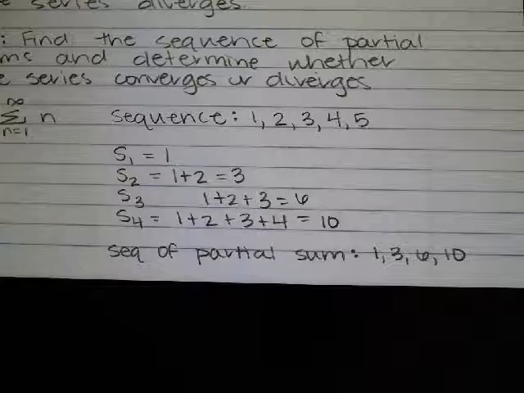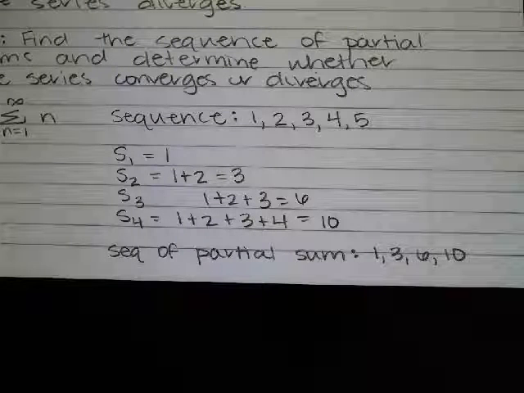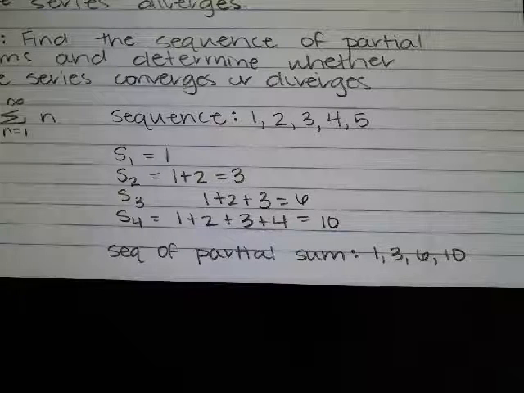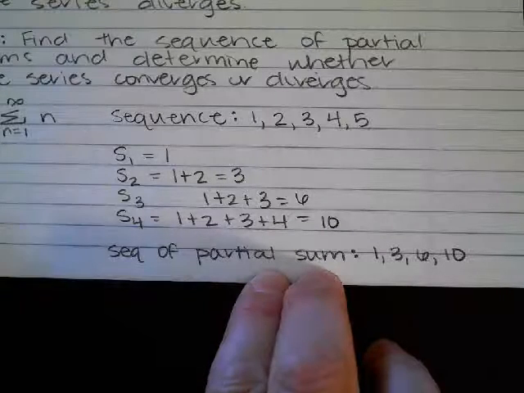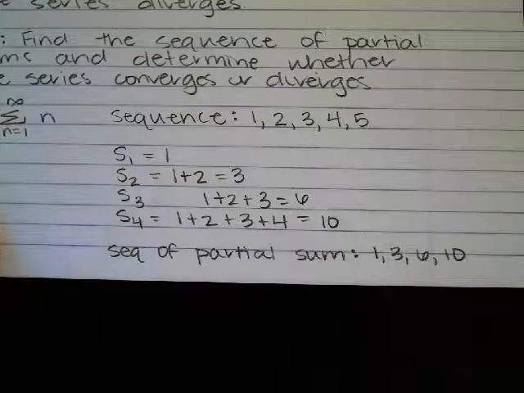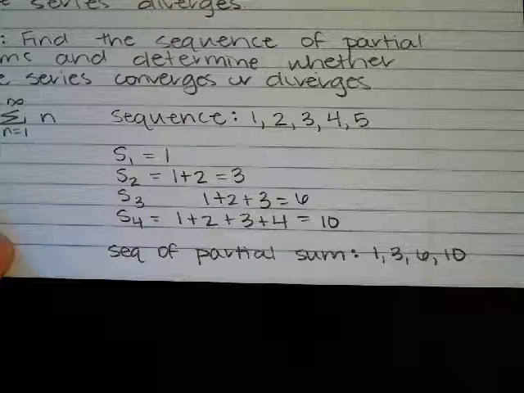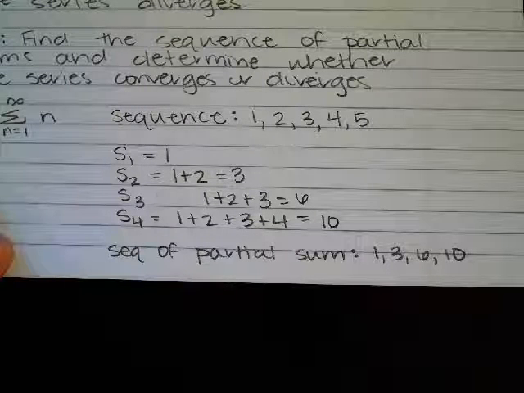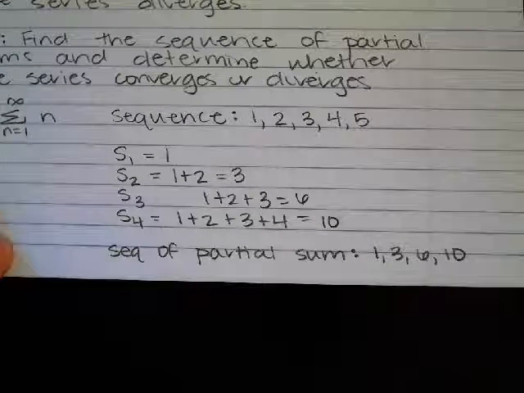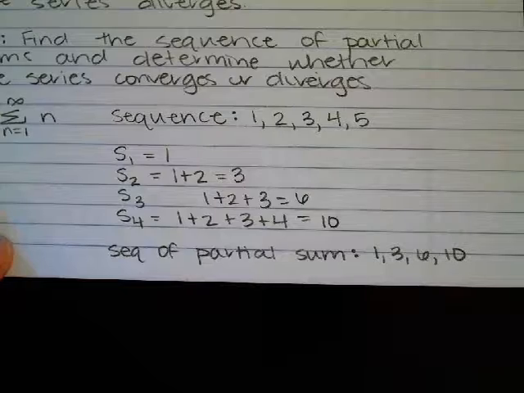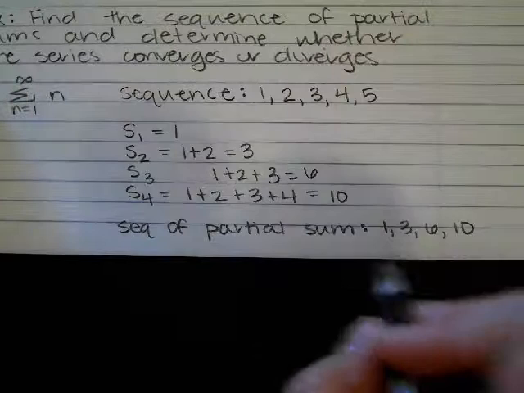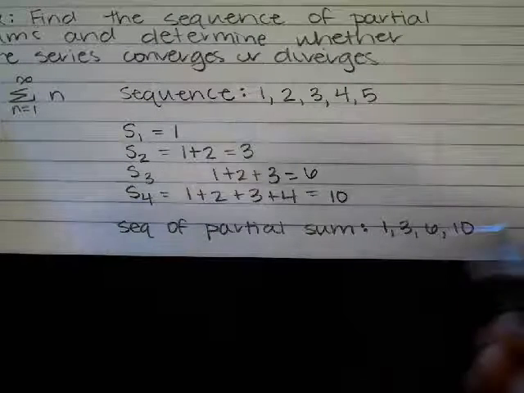Okay. So now what we would do is we would write a formula for the sequence of partial sums. That's not the easiest thing in the world to do, so I'm just going to give you the formula. For this particular sequence of partial sums, it goes up by 2, then it goes up by 3, then it goes up by 4.